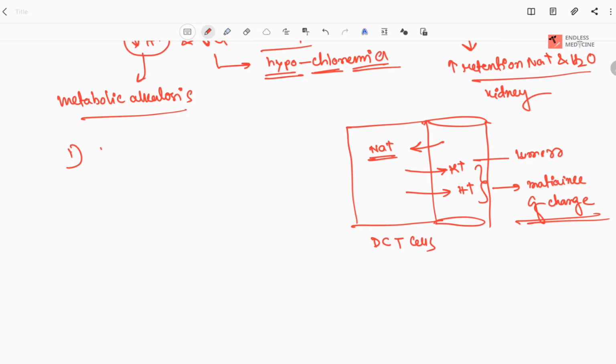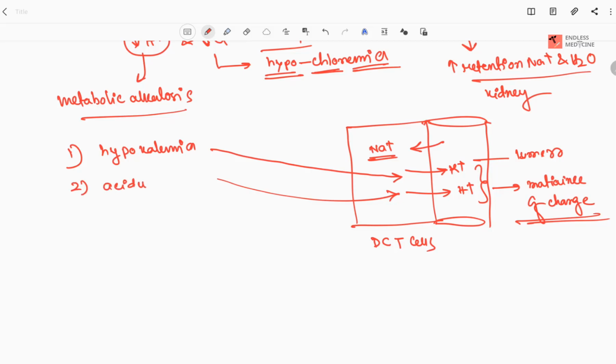So there is hypokalemia, as potassium is released from the blood, as well as aciduria, as hydrogen ion is released from the blood or DCT cells.